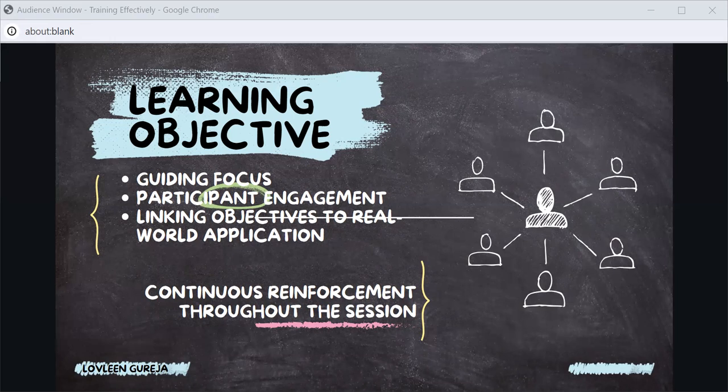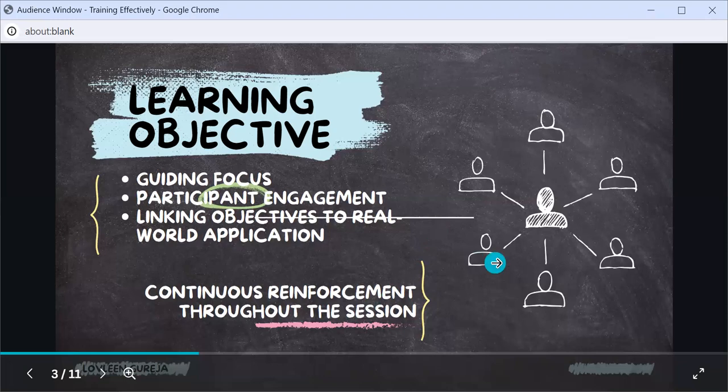Ensure that each part of the session that you're going to do aligns to these established learning objectives. Encourage the participants to seek clarification and to share thoughts on whether they have understood the objectives clearly or not. Clear objectives not only guide participants, but the best part is they also contribute to the learning experience of everybody around.